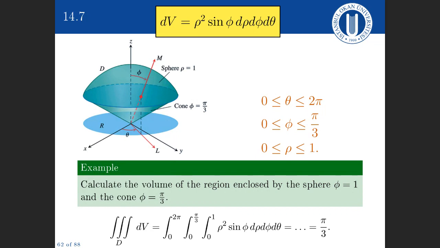Once we know those, we can calculate the volume of this region by integrating the function 1. That's the triple integral over D of 1 dV. Integral from 0 to 2 pi, integral from 0 to pi over 3, integral from 0 to 1. And then instead of dV, we have rho squared sine phi d rho d phi d theta. And I'm not going to spend time calculating this. I'll leave this for you to check.